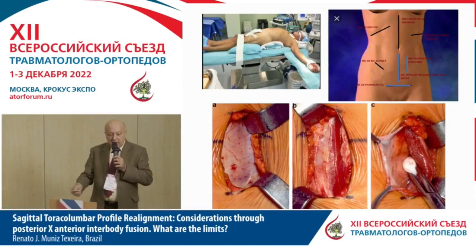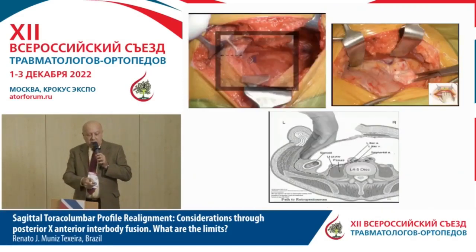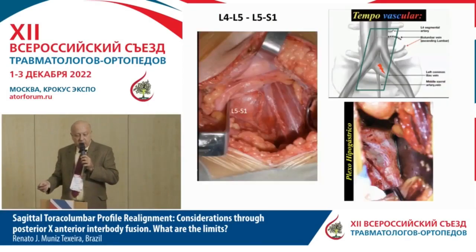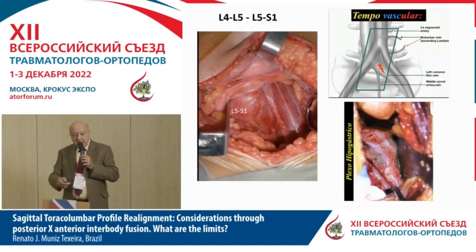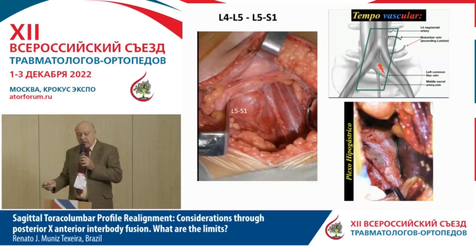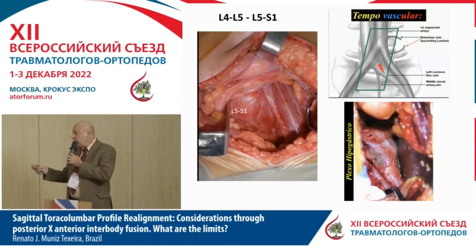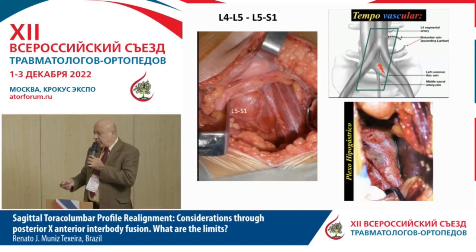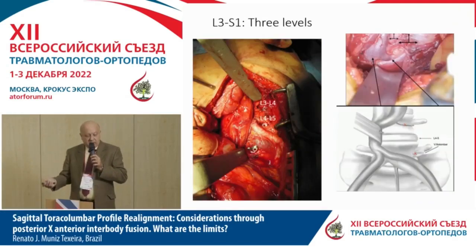That's the approach we do. We reach the posterior peritoneum without any bleeding. If you take care with the vessels and hypogastric plexus using cold blades, there's a low incidence of complications, retrograde ejaculation, for example.